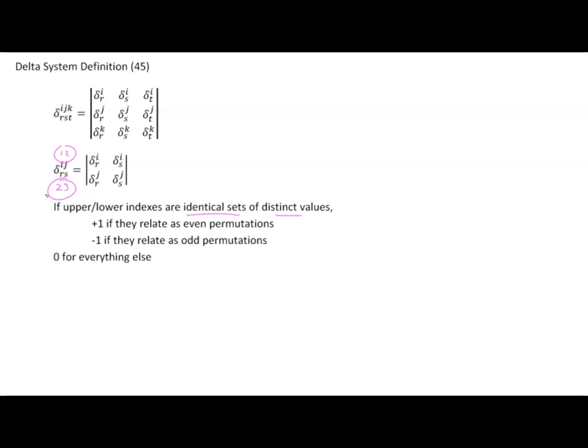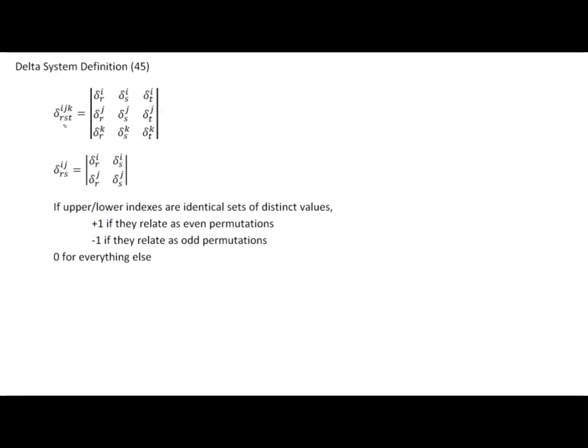So if they are identical sets of distinct values, then the delta value is going to evaluate to either plus 1 or negative 1 depending on the order. And if the order is such that both the upper and lower indexes are even permutations or odd permutations, then the value is going to be plus 1. If the order is such that one is an even permutation, the other is an odd permutation, then the value is going to be negative 1.